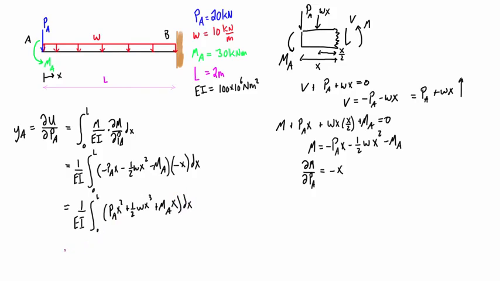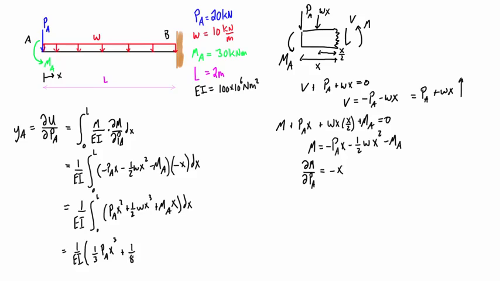Okay, so now we can just perform the integration one term at a time. So we have this 1 over EI times... This becomes 1/3 x cubed, and we sub in that L because we're going to subtract out all zeros, so we get 1/3 Pax cubed plus this x goes to x to the 4 times 1/4, and 1/4 times 1/2 is 1/8.